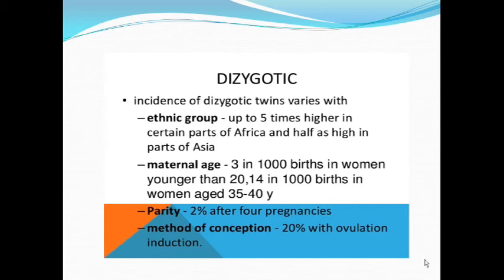It is lesser in younger age while higher at advanced age. Parity, it increases with parity, 2% after 4 pregnancies. Method of conception, if it is from artificial reproductive technique IVF, the chance is increased 20% with ovulation induction.